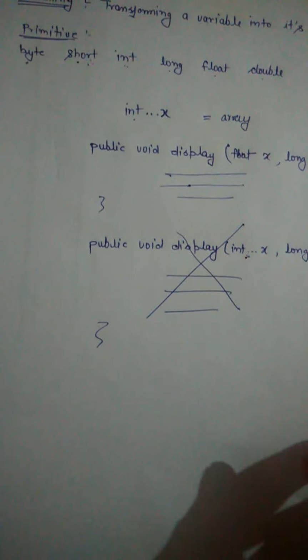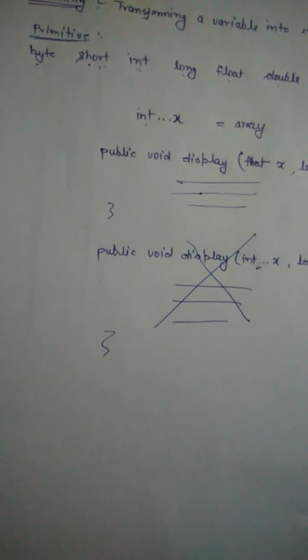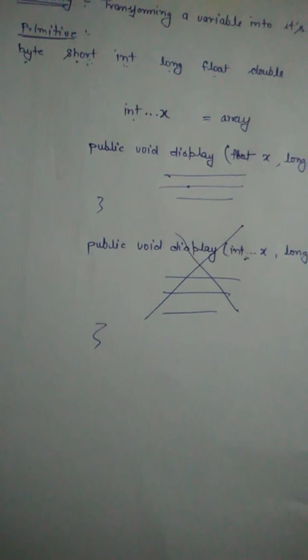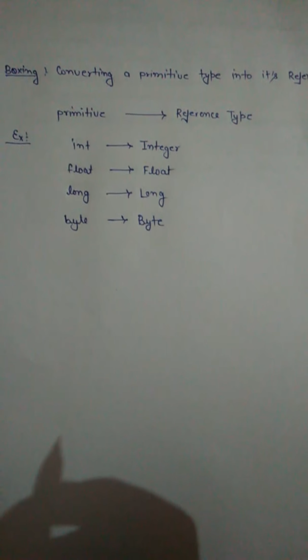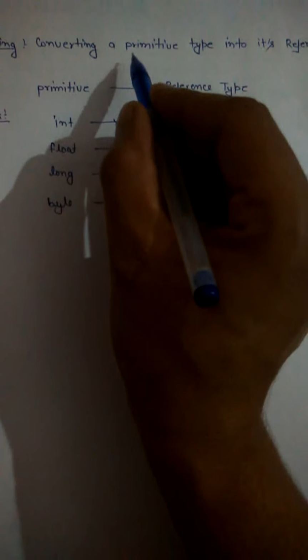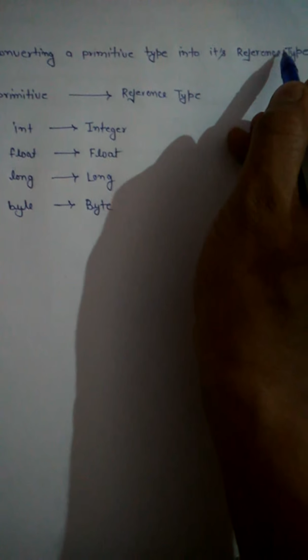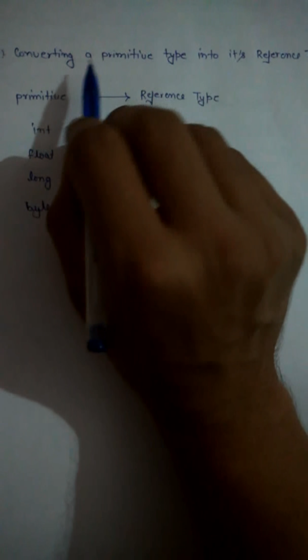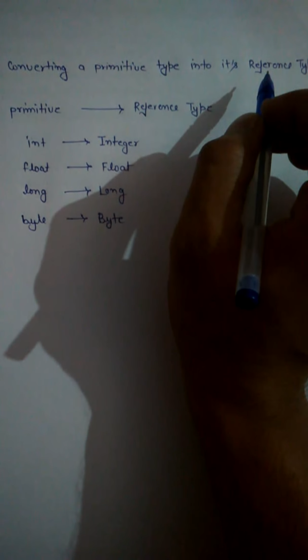Now the next thing is boxing and unboxing. Boxing means converting a primitive type into its reference type. Converting a primitive type into its reference type is called boxing, and its vice versa is called unboxing.